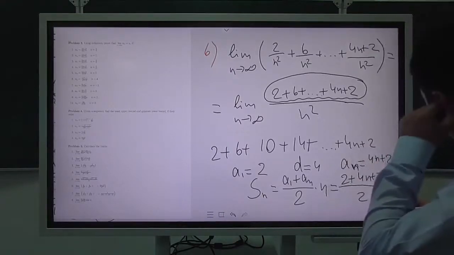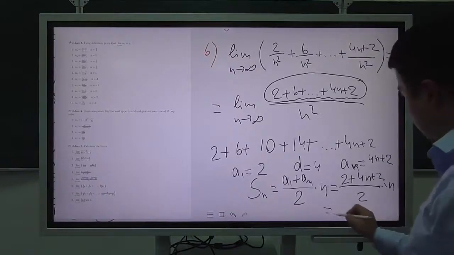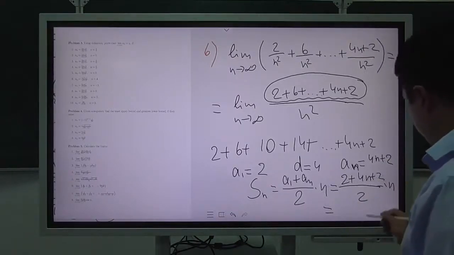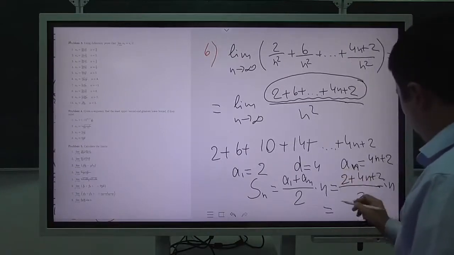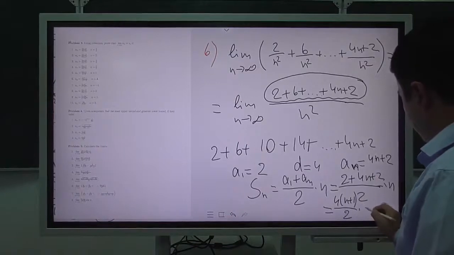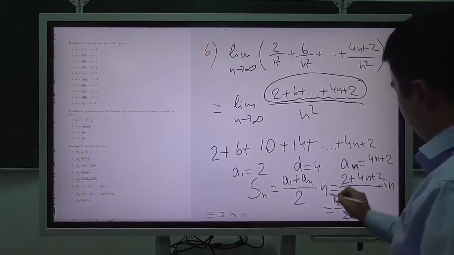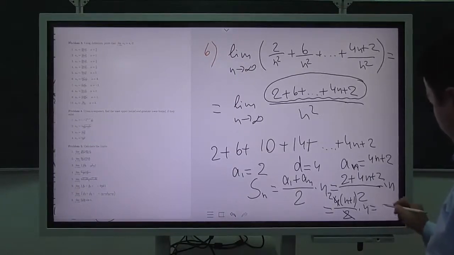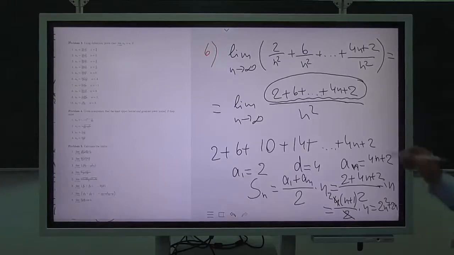So 2 plus 2 is 4, and we can take out the 4: 4n plus 1 over 2 times n. Can cancel them, it is 2. So the answer is 2n squared plus 2n.